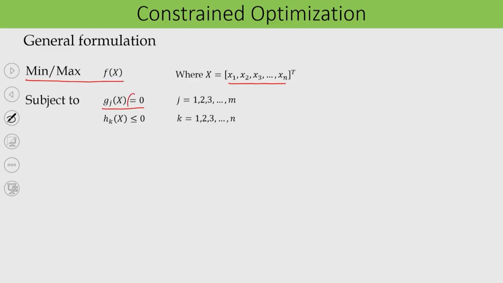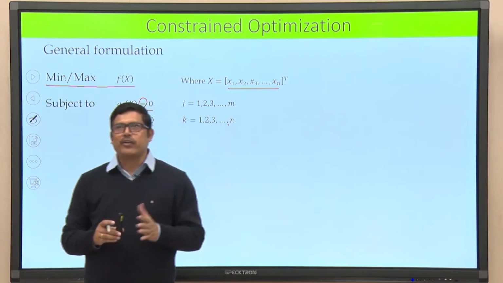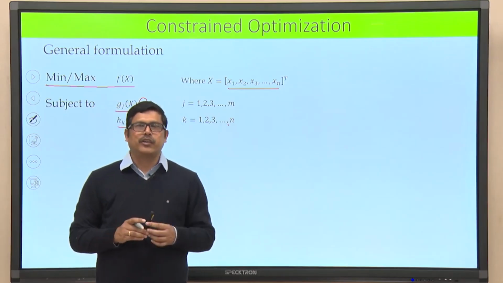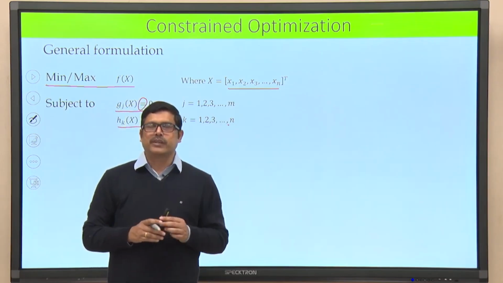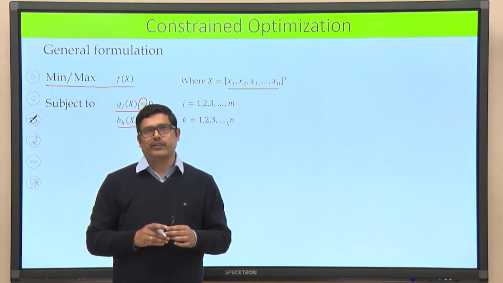And you have inequality constraints, h_k(x) less than or equal to 0, and suppose we have a total of n inequality constraints. But today we will only discuss the problem with equality constraints, and inequality constraints we will discuss in the next class. So today's lecture is on the constrained problem with equality constraints.